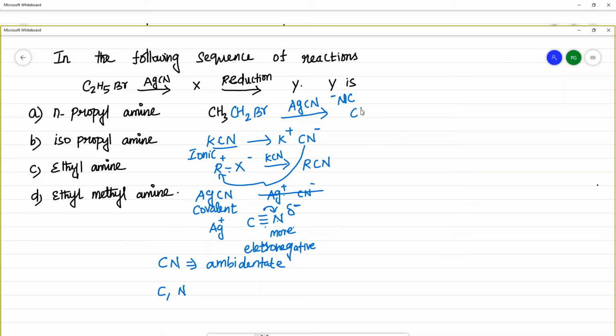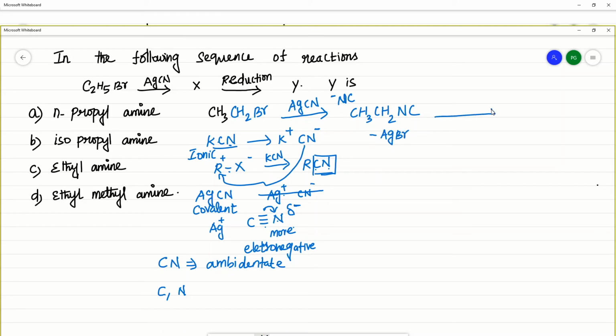It will attack CH3CH2 as NC, not CN. So with KCN it is CN, but with AgCN it is NC. In the next step, AgBr is removed.